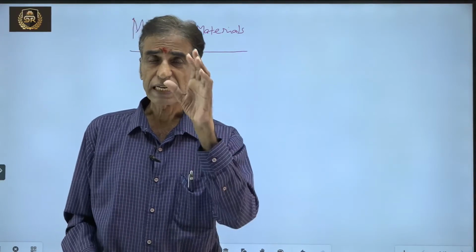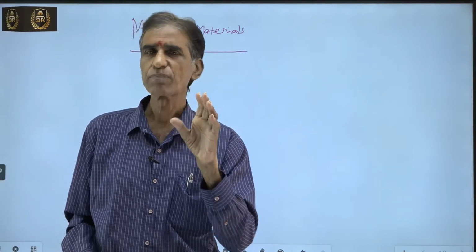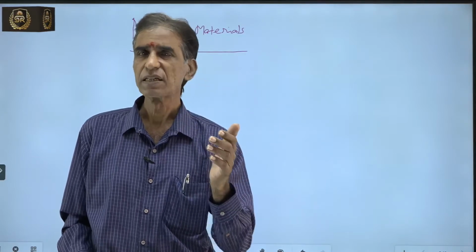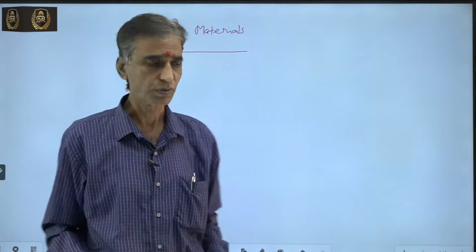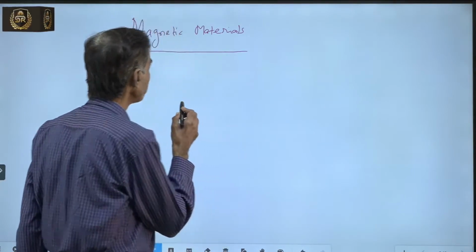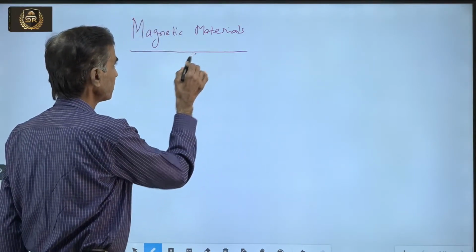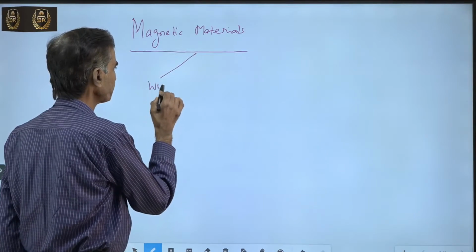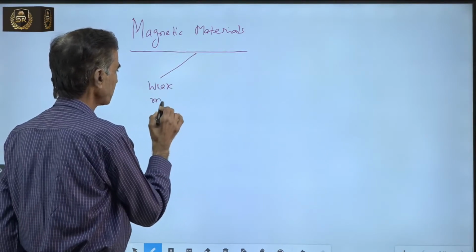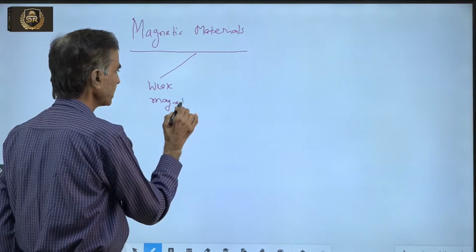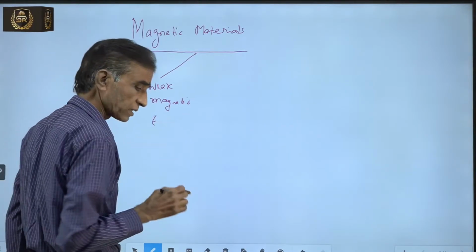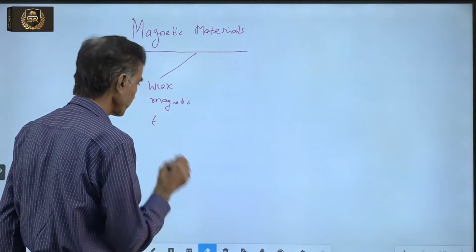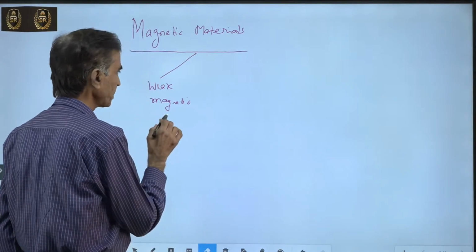So, weak magnetic materials have been named as diamagnetic and paramagnetic materials. Two types of weak magnetic materials are there.